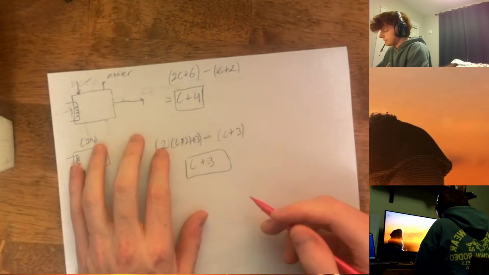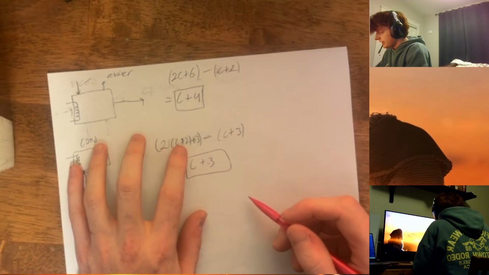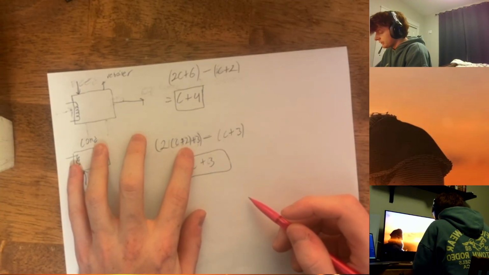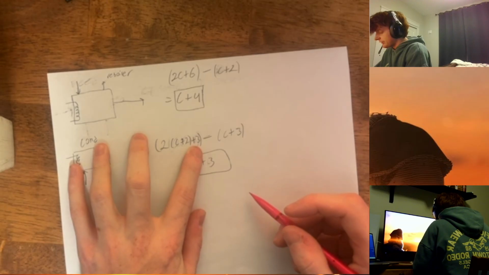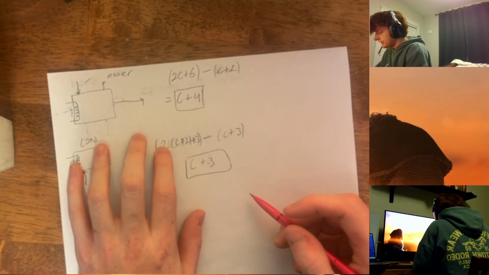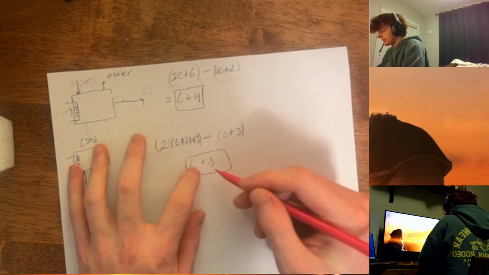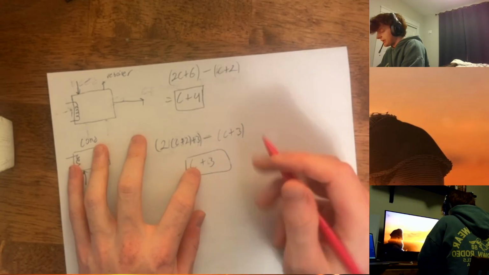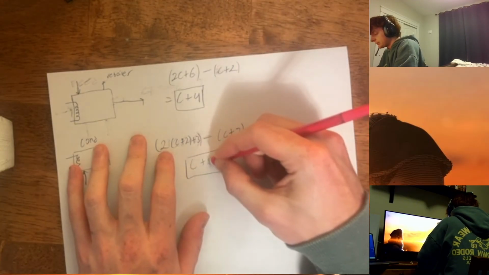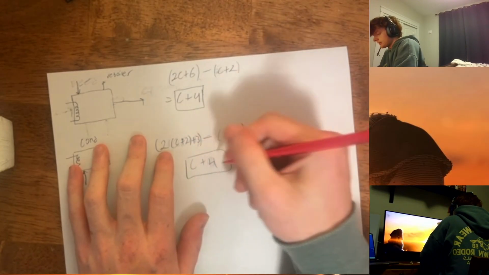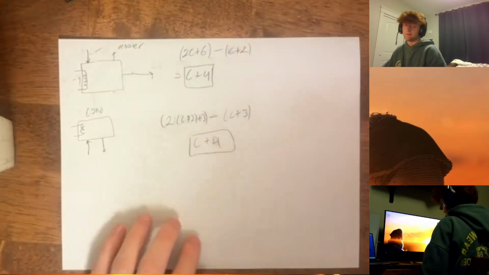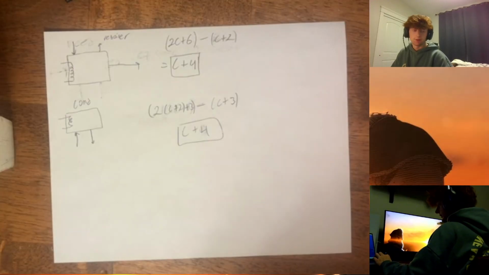If you were to distribute that out, you have 2c plus 7. Then you have 2c plus 7 minus the c, so you're left with c, and you have 7 minus 3, which is going to be 4, so you have c plus 4. So c plus 4 is going to be your degree of freedom for the condenser.